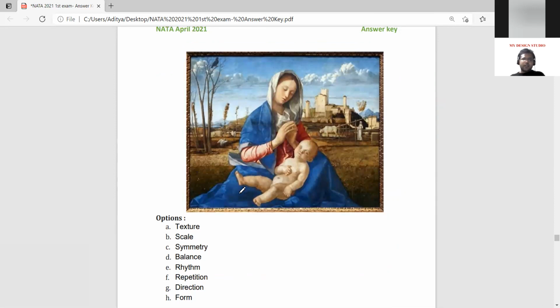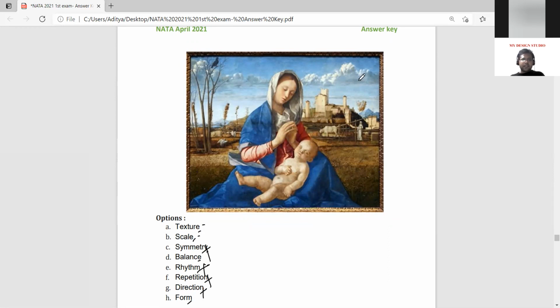Right now in this image, as we can see, there are multiple words like texture, scale, symmetry. We can definitely see there is no symmetry. Balance can be there. There is no rhythm, no repetition, no direction, no form. So we can go with texture, scale, and balance. Scale, because this is very large and that is very small, so you can see a distinction of scale.